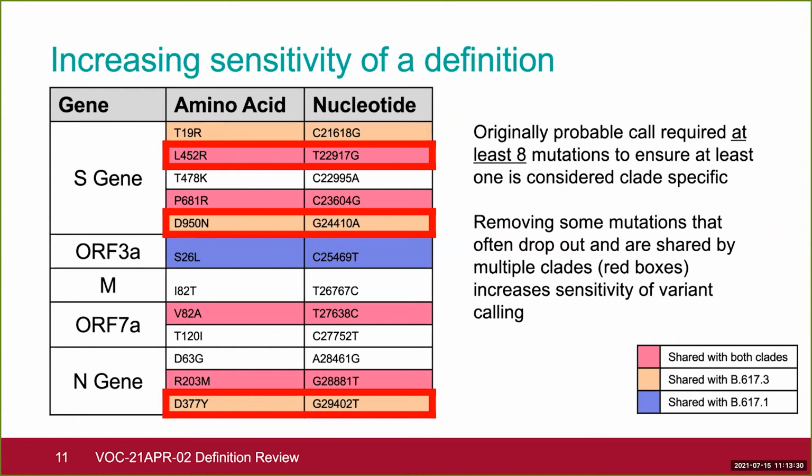And that meant that we could reduce our probable threshold from 8 to 4, which is a really drastic decrease, but meant that a lot of the low QC that we were having to review by hand got swept up into the probable definition. It didn't reduce our specificity, because the only things that we removed weren't that informative in terms of the Delta clade anyway.